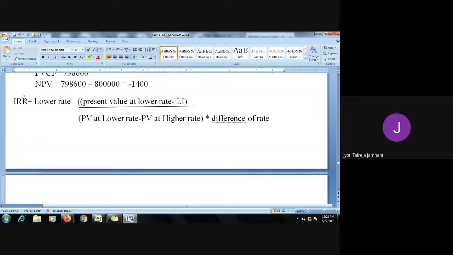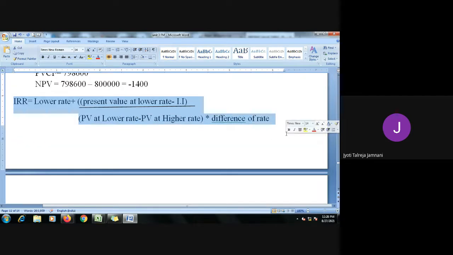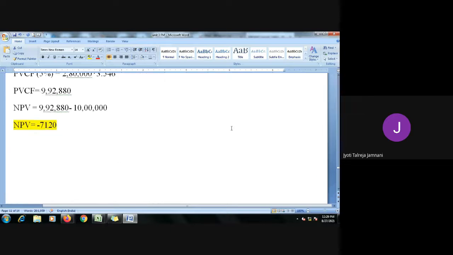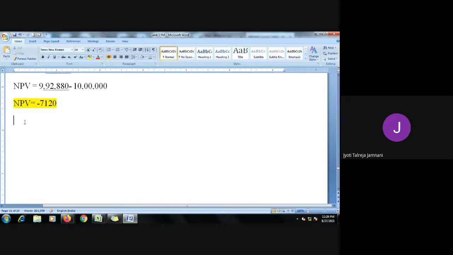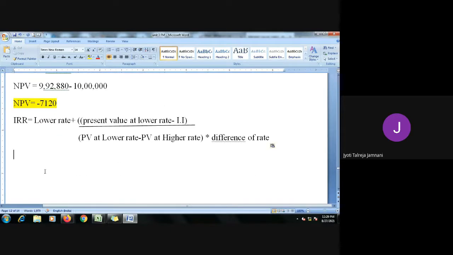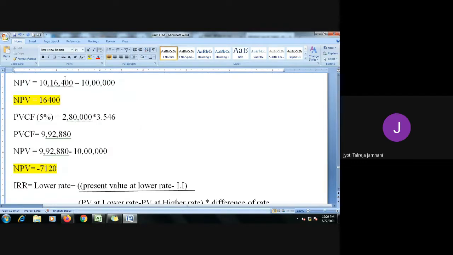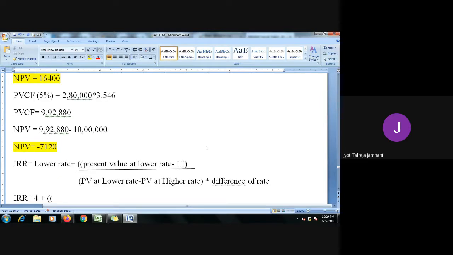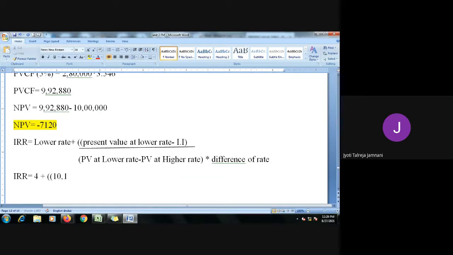Using these two rates, 4 and 5%, we can find the IRR. This is the formula for IRR. So IRR is equal to lower rate, that is 4%, plus present value at lower rate. So at lower rate, we had a present value of 10,16,400 minus initial investment, which is 10 lakh.